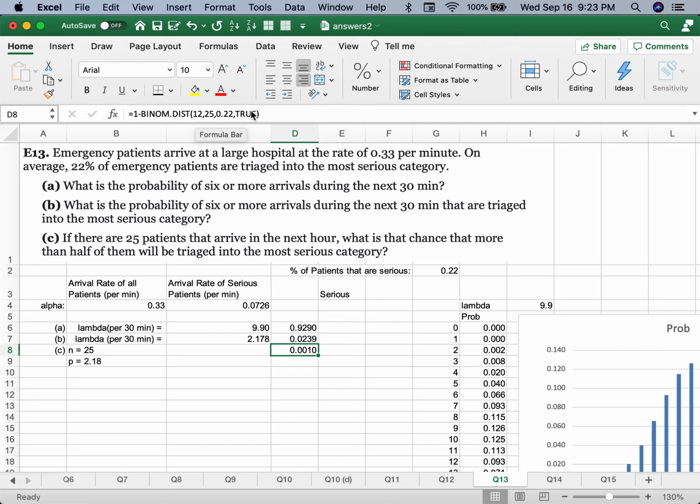True for cumulative, and we get the answer, what is that, 0.1%? So this is incredibly unlikely, that more than half of the patients would end up going to the serious category. So that's our first little problem in the Poisson distribution.